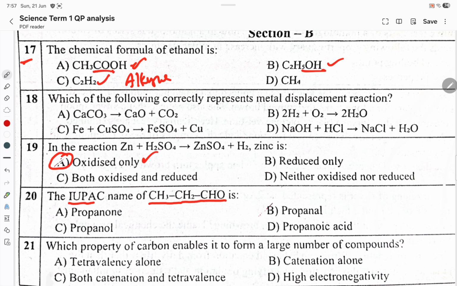Similarly here, if you have any carbon compound whose last carbon is CHO, this belongs to the aldehyde group.